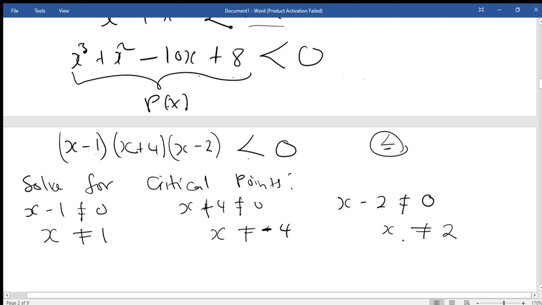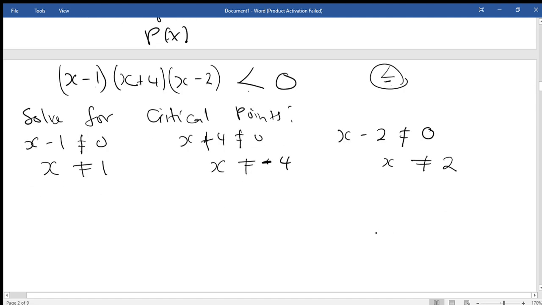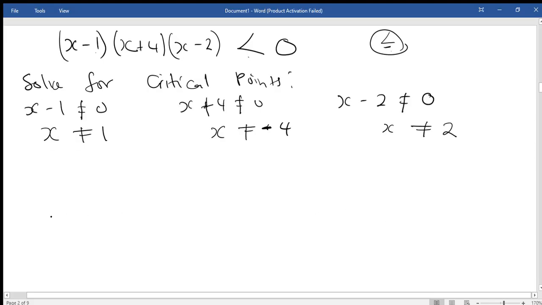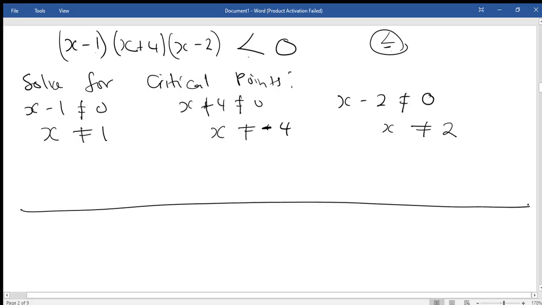So with the help of critical points, we're now trying to test our values. Remember, these are coming from the number line. If this is the number line, which one is the smallest? Obviously negative 4 is somewhere there. I'll have 1 somewhere here, and I'll have 2 somewhere there. So the question is, which interval is going to satisfy this inequality?